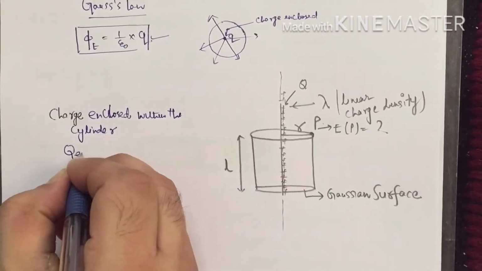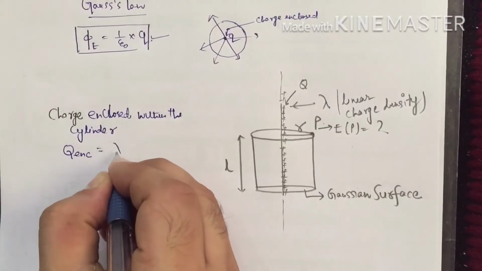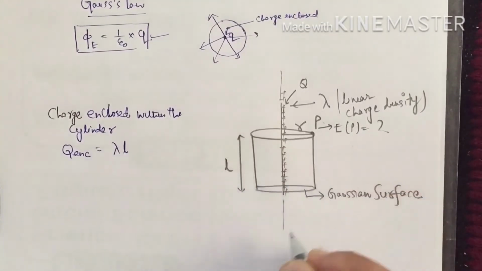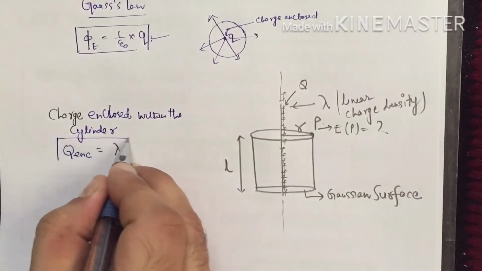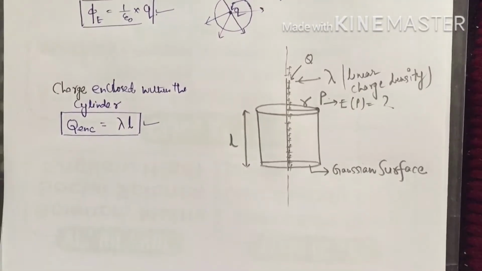Let us assume by Q enclosed. The charge enclosed will be how much? It's the linear charge density lambda multiplied by the length of the cylinder. This will give you the charge which is enclosed within the cylinder. Okay, now let's apply the Gauss law.